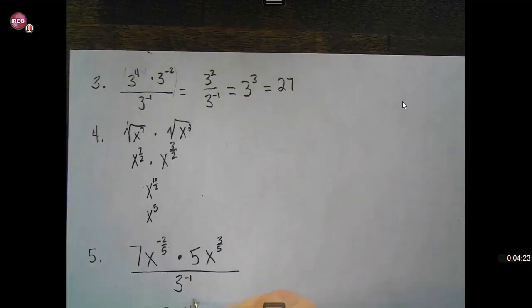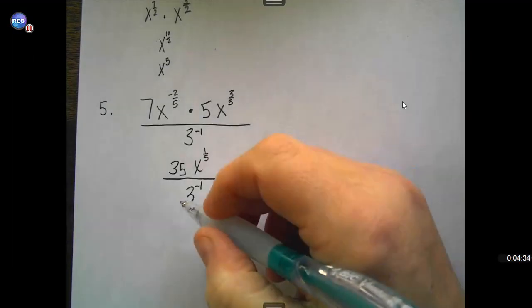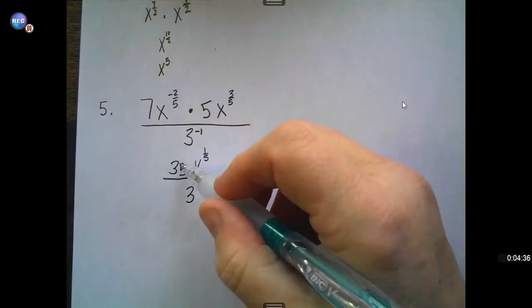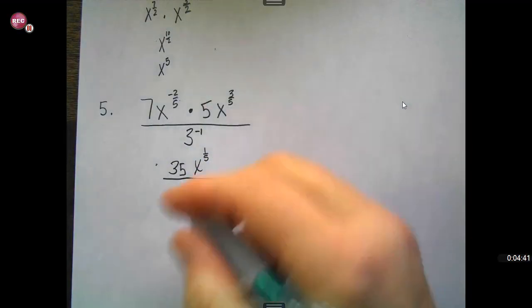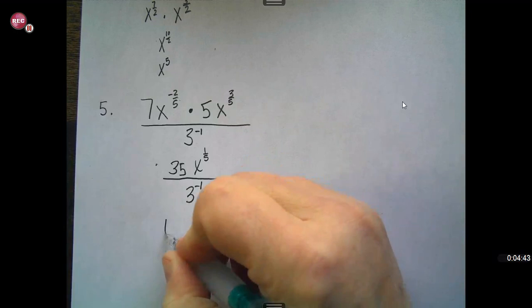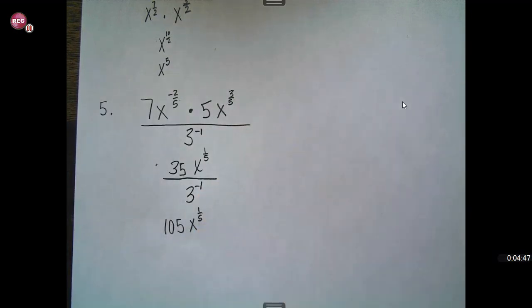I'm going to get x to the 1/5, and then that's over 3 to the negative 1. When that comes up to the top, it's just going to become 3. So when I take 35 times 3, that comes up, 35 times 3 is 105, I believe. X to the 1/5 would be my answer.